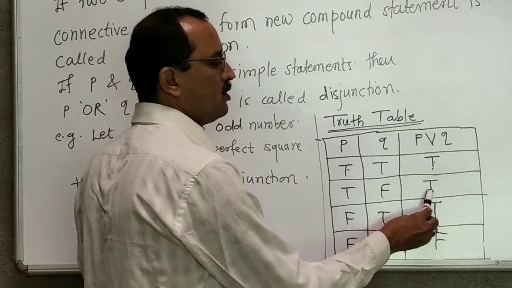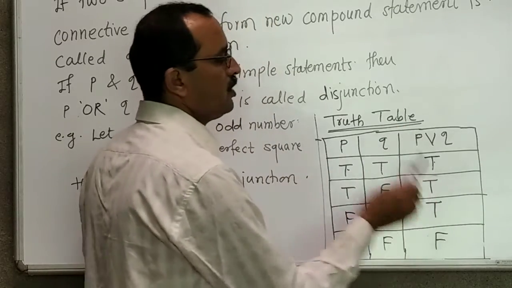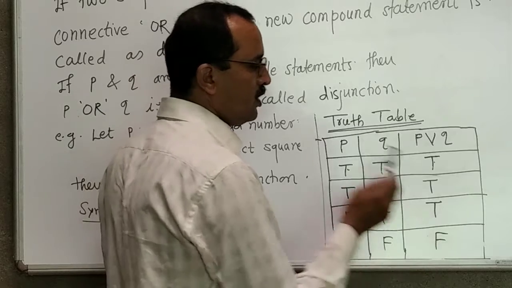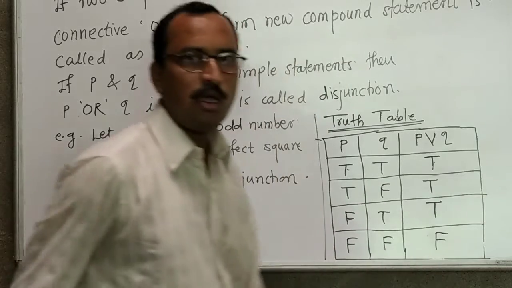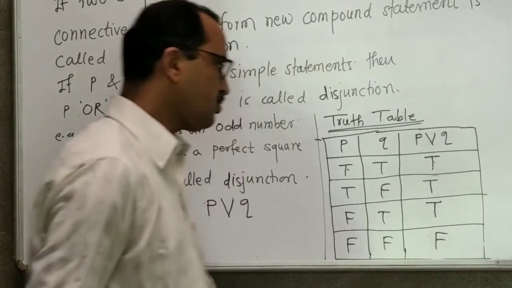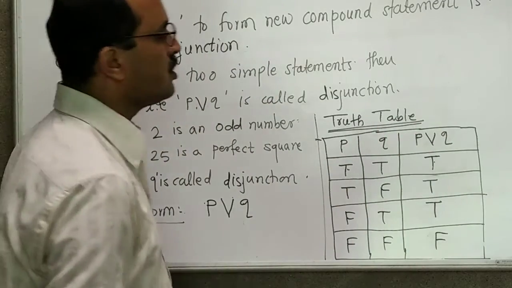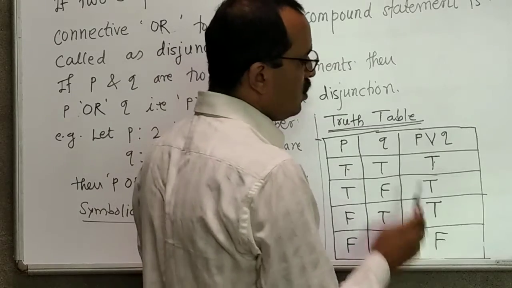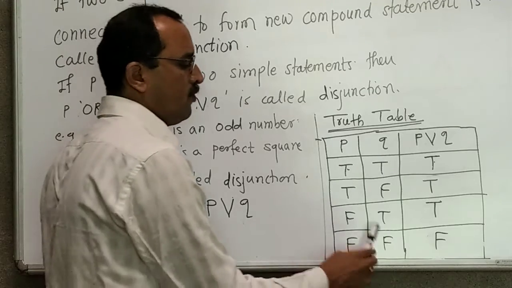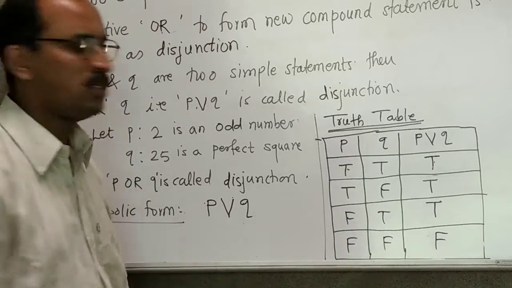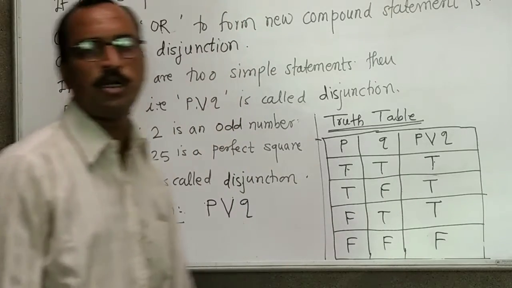For TF, the resultant disjunction is T. For FT, we get T. And when both the statements are false, FF, we get F. So in this truth table we see that the resultant statement is false only if both the statements are false.